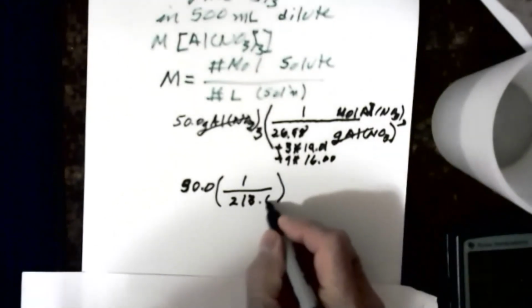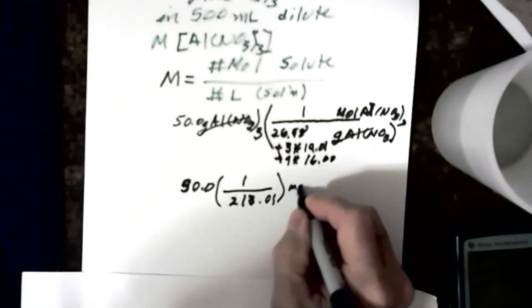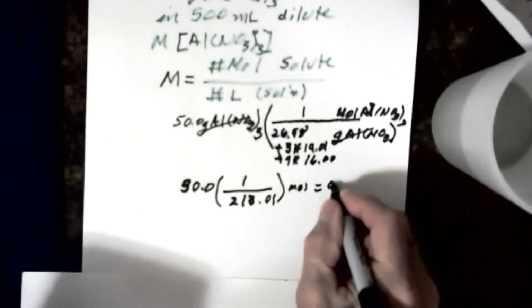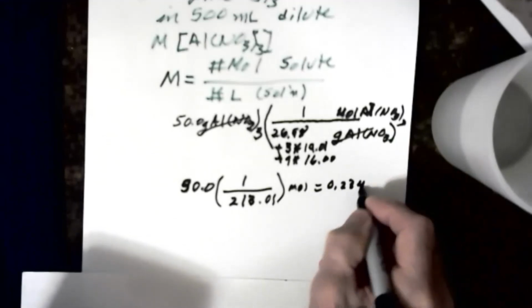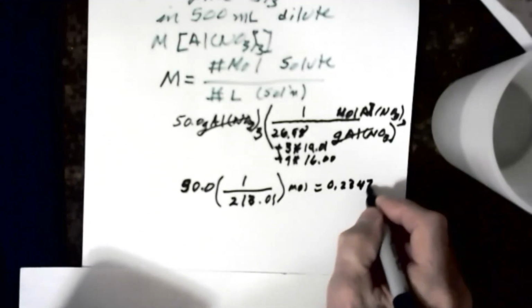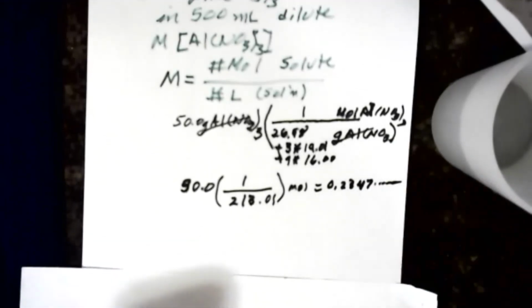That's going to be the number of moles. Let's do that math. 50 divided by 213.01 is 0.2347, and there's just a whole bunch more digits there that I don't really need.